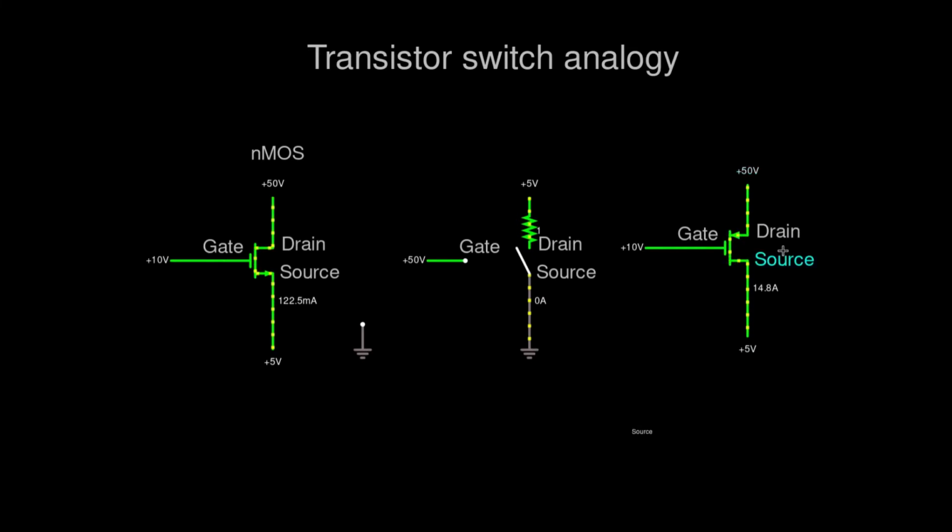We can see that the current passing through is huge. Now why is that? That's because the source voltage is up here and the drain is down here. If we look at the schematic, we can see that the source and drain have switched their places. They don't have to, but usually the source is up here and the drain is down here.